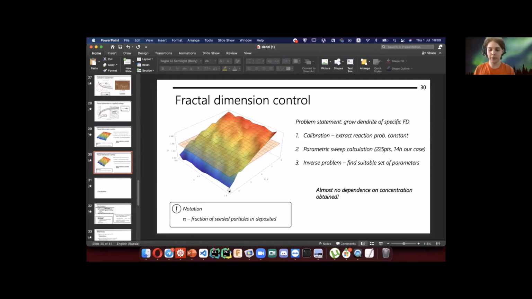We may interpret this as the volumetric ratio, something like this, but I can't name it. So there is no exact dependence between the fraction of seeded particles and some physical quantity that you can measure? Once again, please. There is no direct, exact dependence that you can formulate in terms of a formula, or, I don't know, in terms of some coefficient?